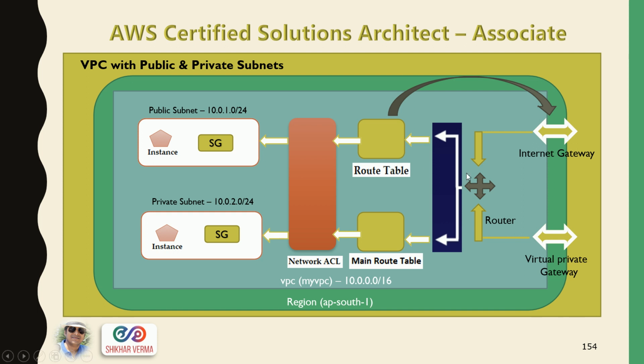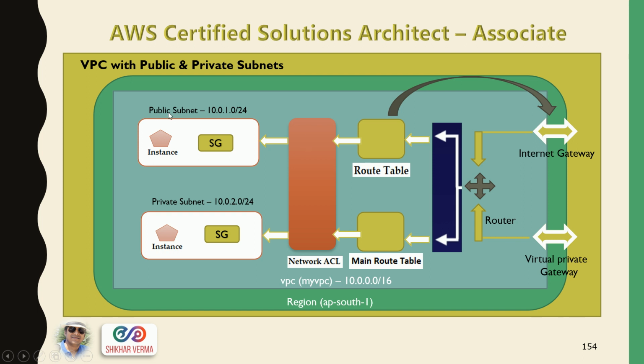And one more thing, for a VPC there would be only one internet gateway, or in simple words, one VPC can be connected with one internet gateway. So I have created this route table, and the internet gateway I have already created, and I will go to this new route table and add a route, or in simple words, add a rule. In the rule I am going to define this route table is connected with this internet gateway.